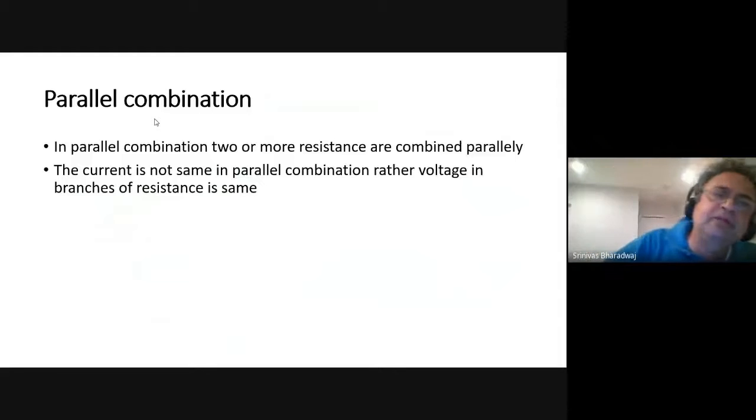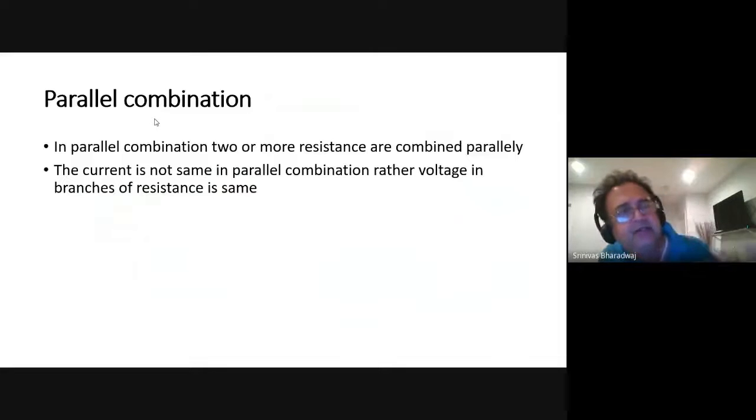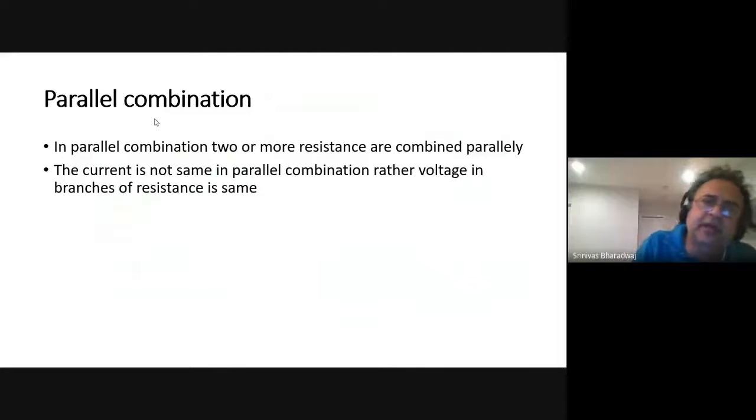Therefore, 1 by REQ equals 1 by R1 plus 1 by R2 plus 1 by R3. The current is not the same, right? In series, the current was the same. In parallel, the voltage is the same.